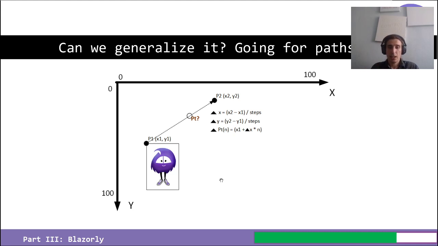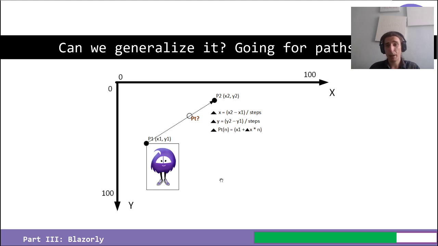And what we need to do is move along these segments. So we have to calculate a delta x and a delta y, and based on these we can just move to the next point.